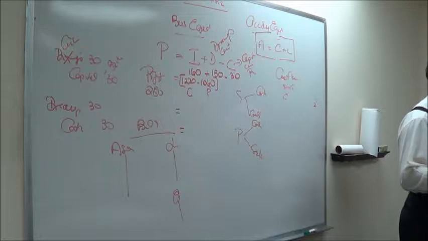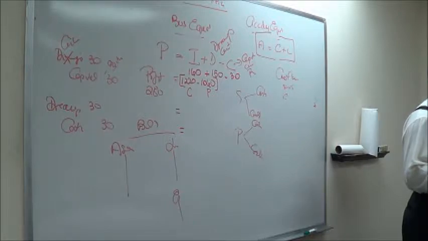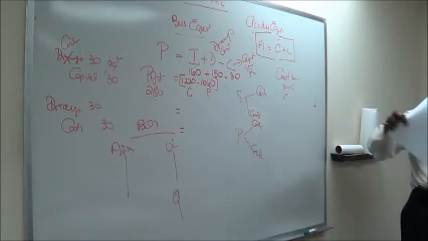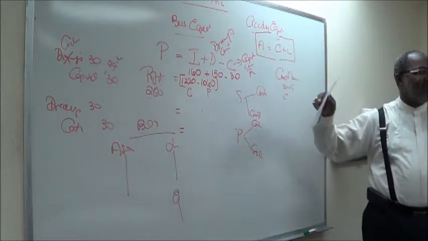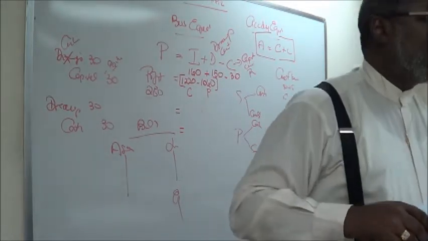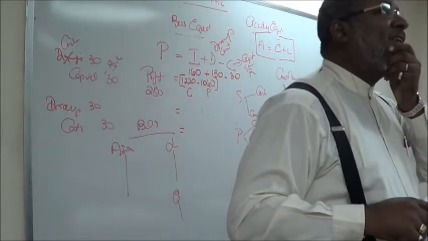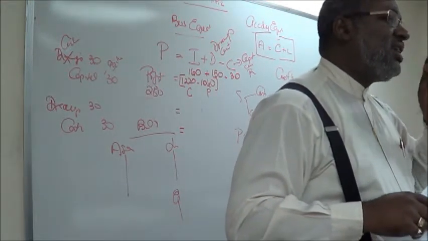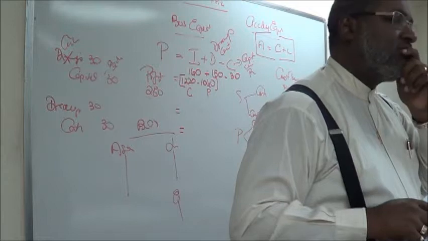Why do you think the term balance sheet came up? Because it always has to be balanced. But statement of financial position has taken on a new character. Maybe we changed it for what reason?